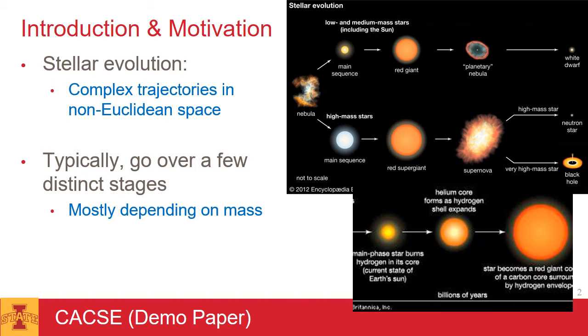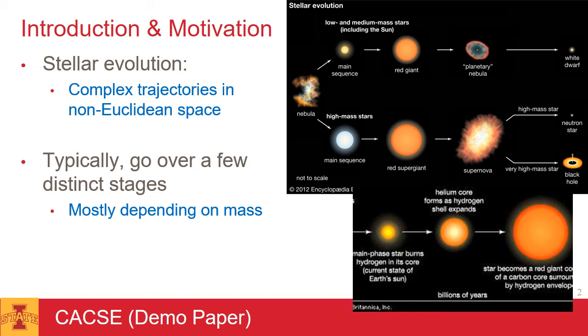It will go through variations in the main sequence, but past that main sequence, the star becomes a red giant or a red supergiant, and goes into either a planetary nebula, ending in a white dwarf, or a supernova, which can end up in a neutron star or black hole.